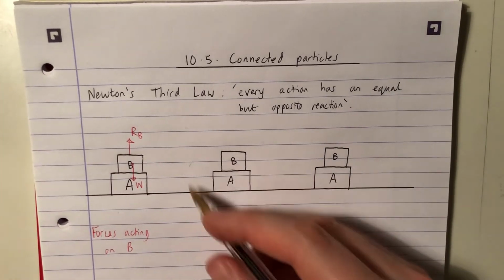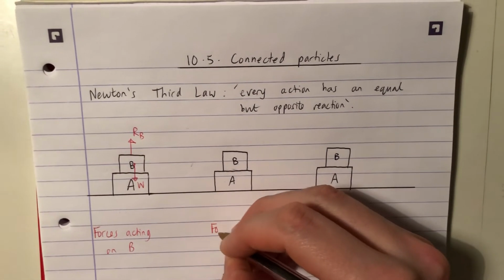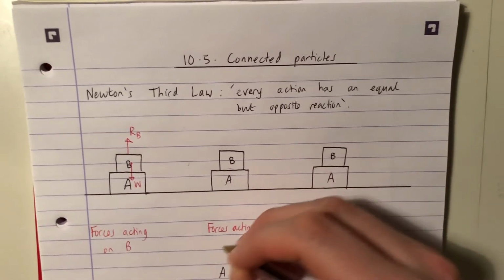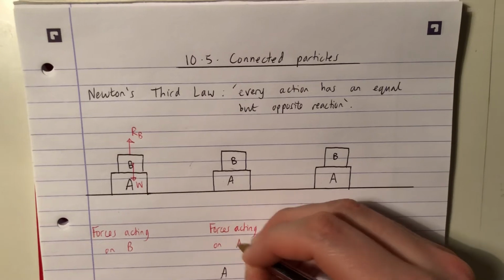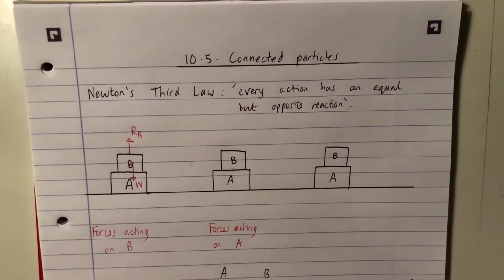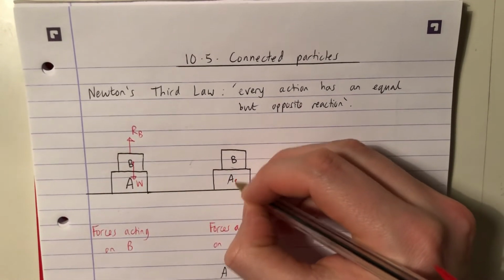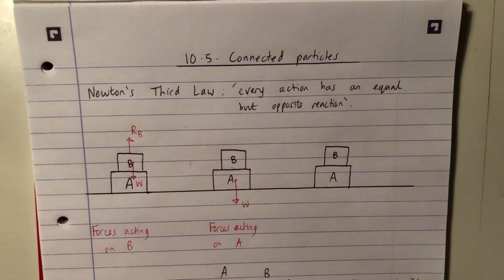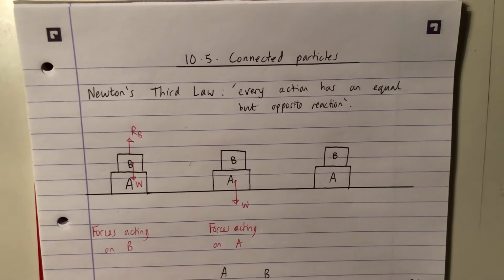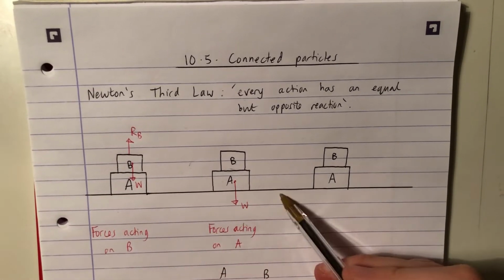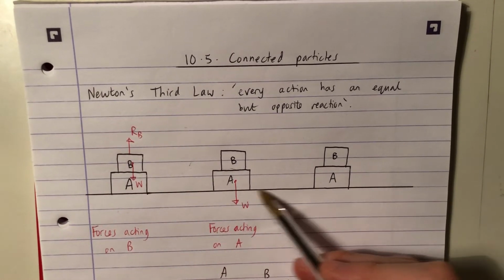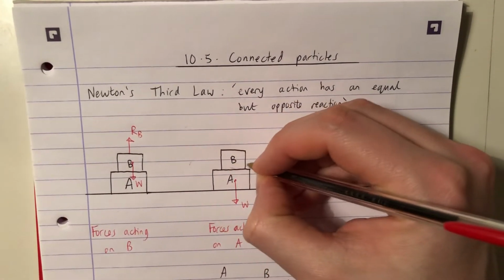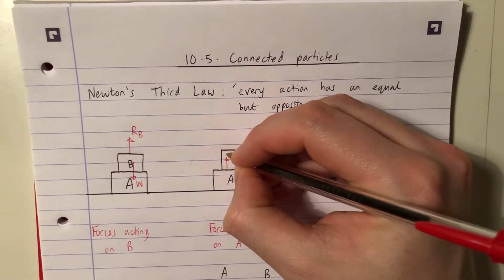Okay, exactly the same diagram. This time we'll label the forces acting on object A. Object A has a mass, so it would have a weight. Call that W. Object A is in contact with the ground, so there'll be a reaction force. Call that RA.